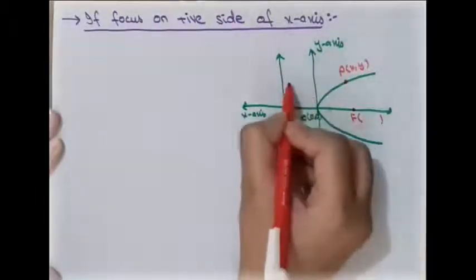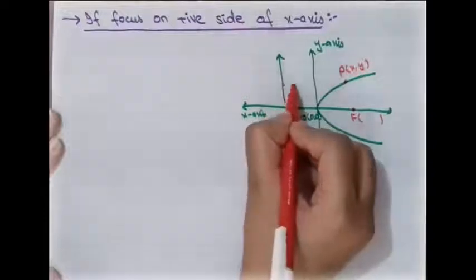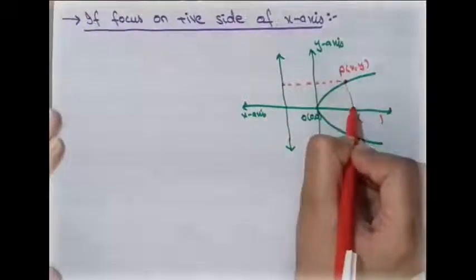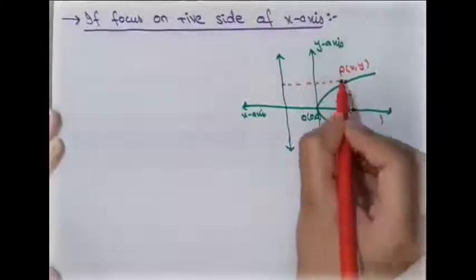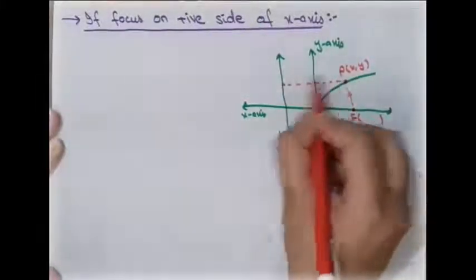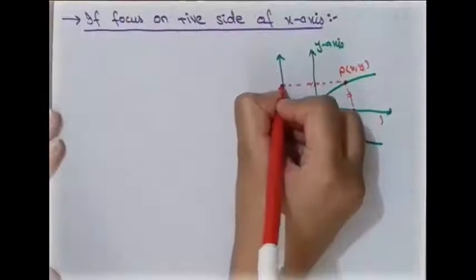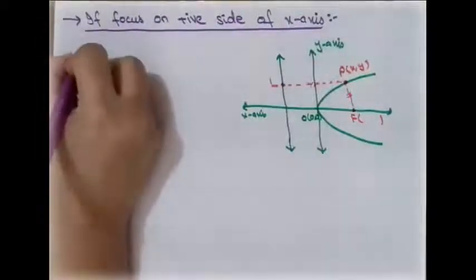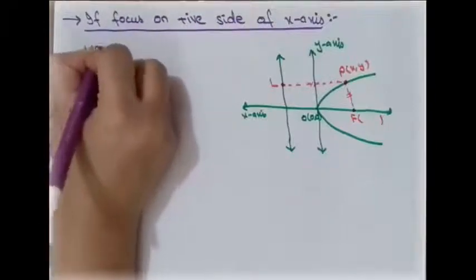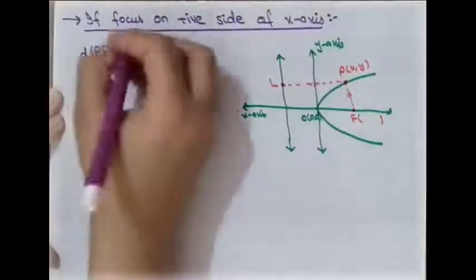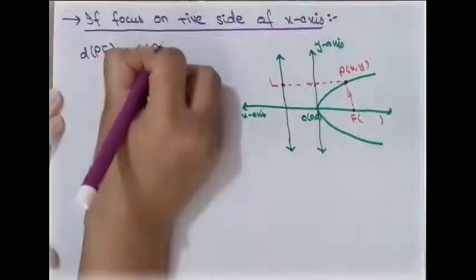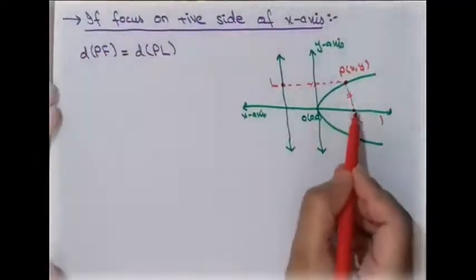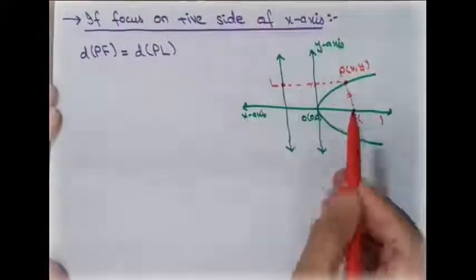Then we always remember that the distance of PF is equal to the distance of PL, if we suppose that here is a point L. But firstly we have to find the coordinates of the points F, which is the focus, and L.